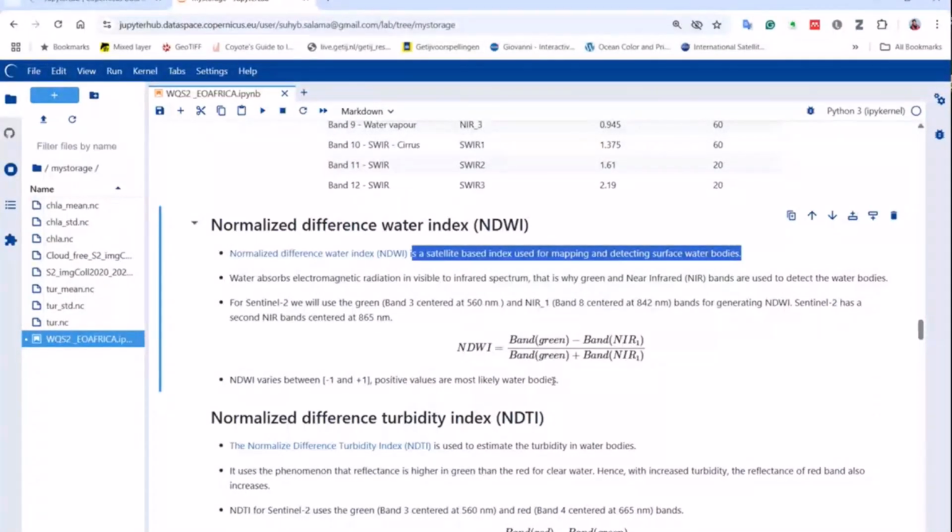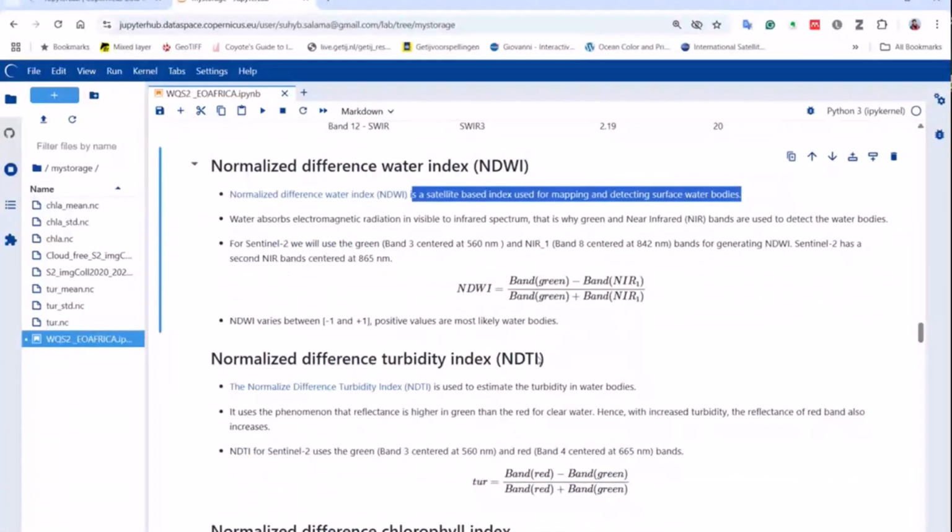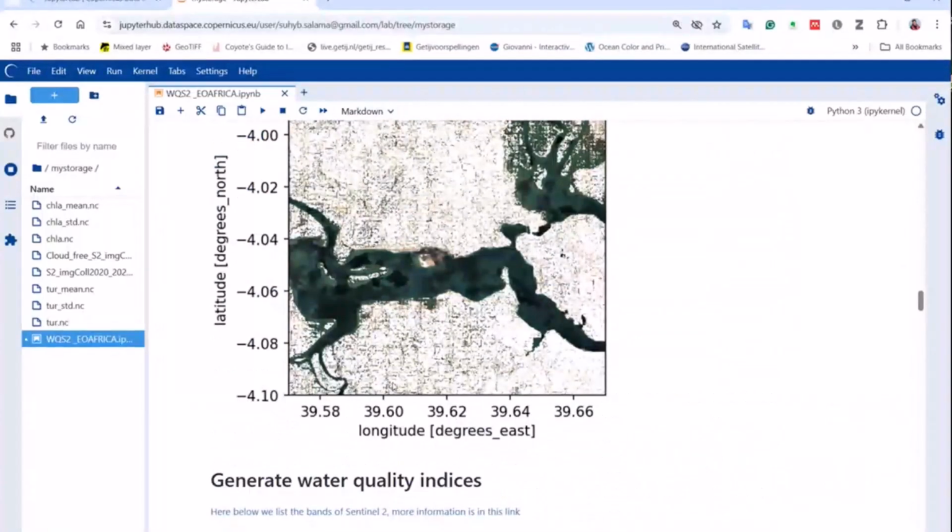We have to complement that with this NWI, which gives you an idea about the existing water bodies in a scene of an image. Positive values are most likely water, negative values are most likely not water. So you can calculate the index and remove everything equal or below 0, and then you will remove the land. So you could clean up these areas here.